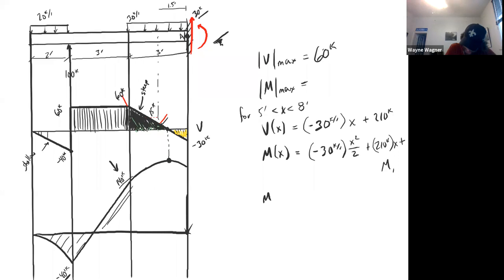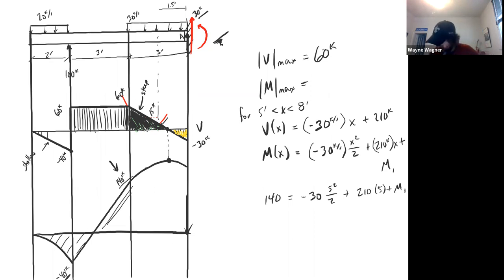So M of X equals, I'm gonna get rid of all the units here because I have a space limited thing, negative 30 times 5 squared on 2. Oh wait, sorry, that M of X is 140, plus 210 times 5, plus whatever this M1 is.